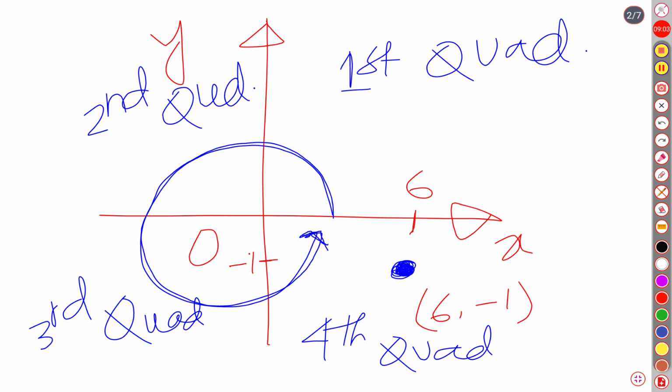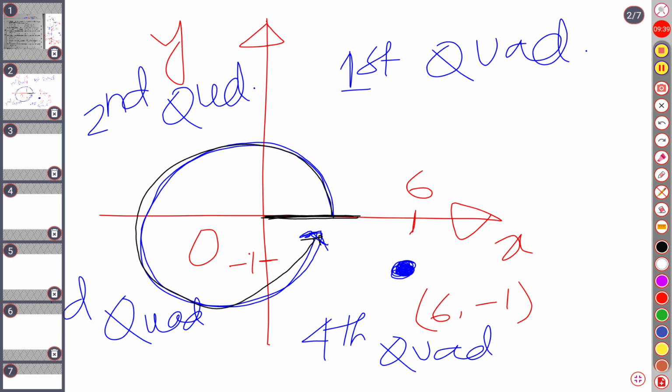Whenever you move, you have to move anti-clockwise; if you move in this direction, that is wrong. This is for negative angle, negative direction. Our positive direction starts from here, the beginning of the x-axis, and moves anti-clockwise. So our point (6, -1) falls in the fourth quadrant.